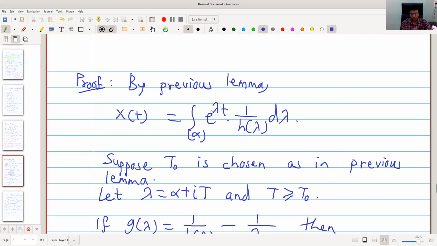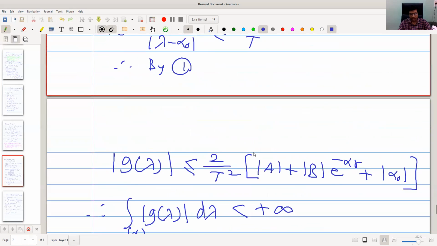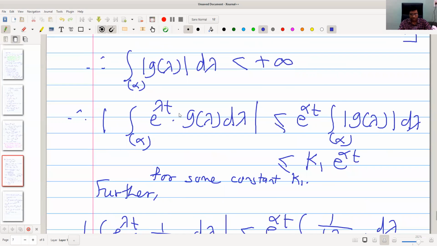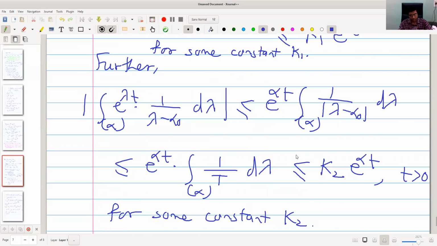Taking absolute value on both sides and using basic results in complex analysis, we get this is less equal this integral e raised to lambda t g of lambda d lambda plus this integral e raised to lambda t into 1 upon lambda minus alpha 0.